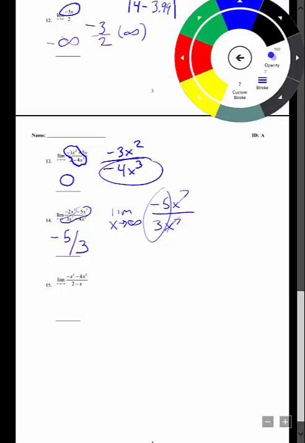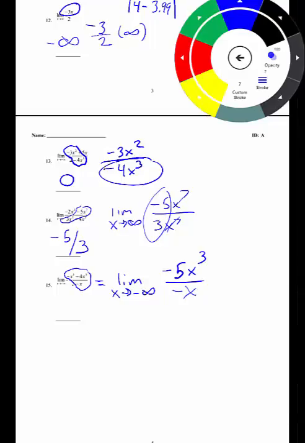And then 15, we check our biggest exponent, which is on the numerator. And you could rewrite this as the limit as x approaches negative infinity of, if you combine like terms, negative 5x cubed divided by, and we only care about the biggest exponents, negative x.